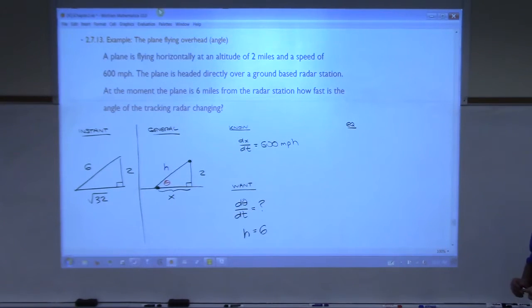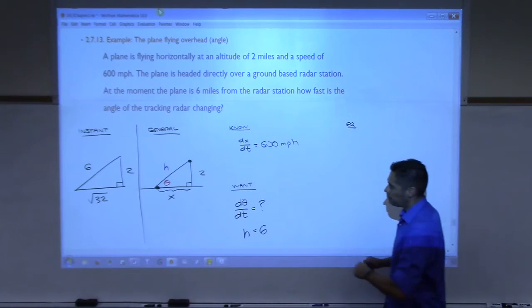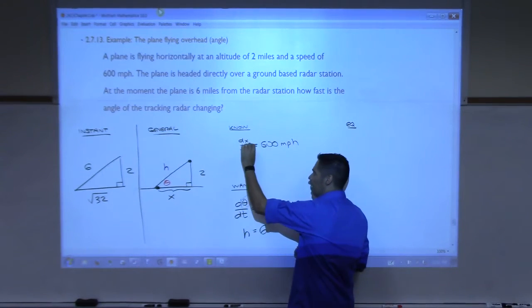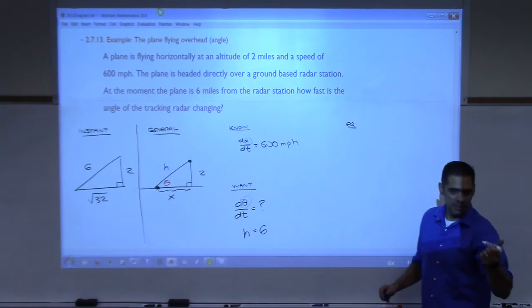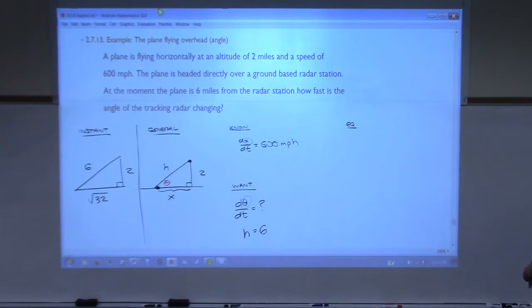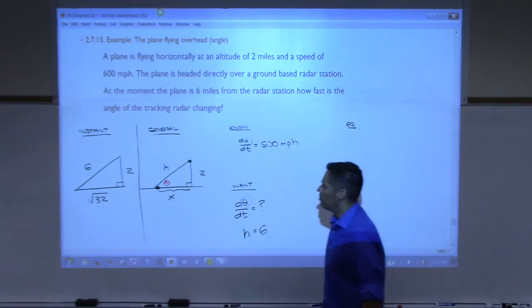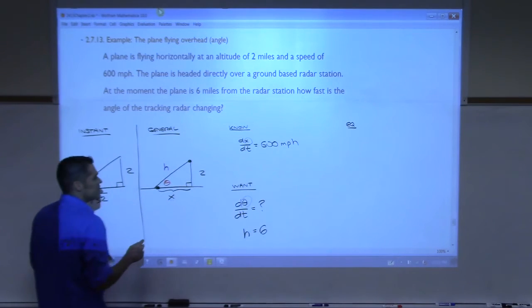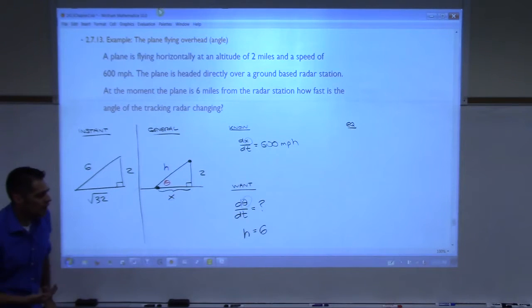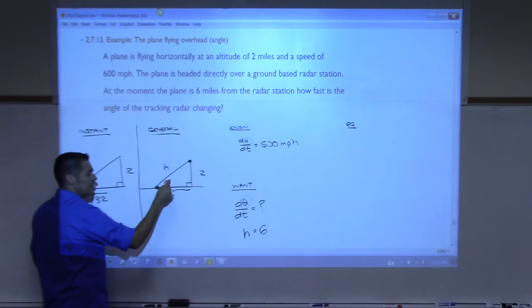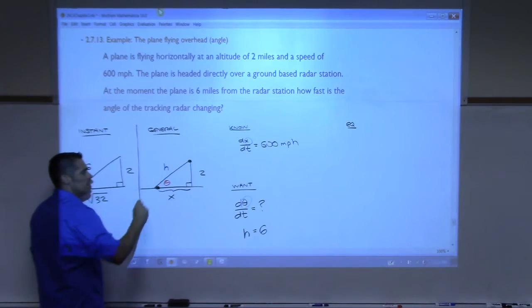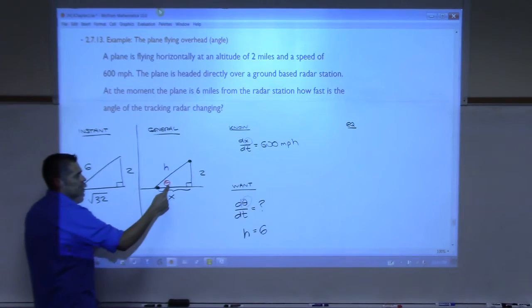We need to get theta and x connected to each other. Theta and x. Trig functions. SOHCAHTOA. Sine of theta is opposite over hypotenuse. Is that going to connect theta and x? No. Cosine is adjacent over hypotenuse. Will that connect x and theta together?